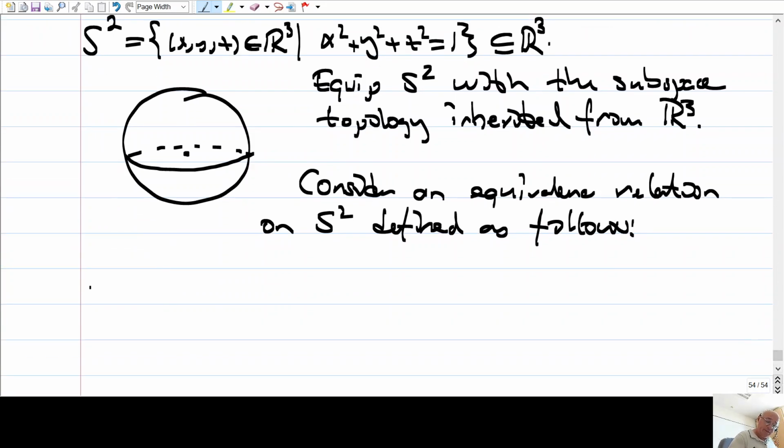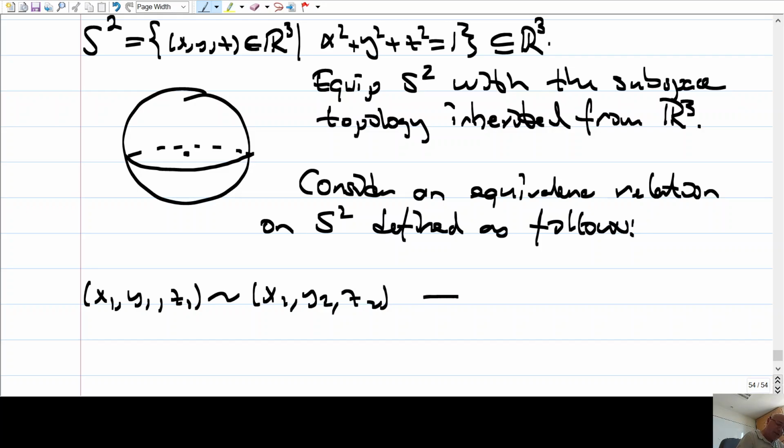So two points (x1, y1, z1) and (x2, y2, z2) on the sphere are said to be related, equivalent, if and only if one of them is the minus of the other one.